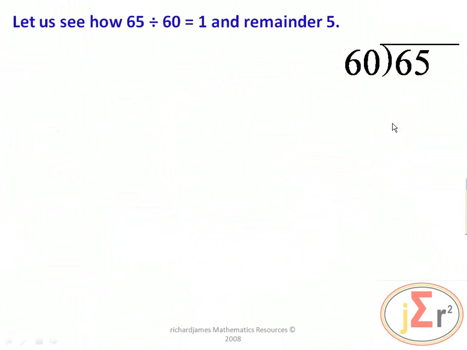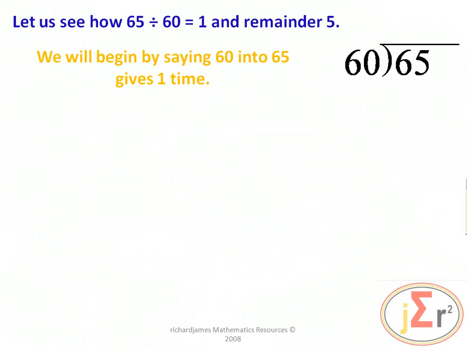So here we have 65 minutes, and we are dividing 60 into 65. We will begin by saying 60 into 65 will give what? 1 time. So 60 into 65, that will go 1. So it goes 1 time.